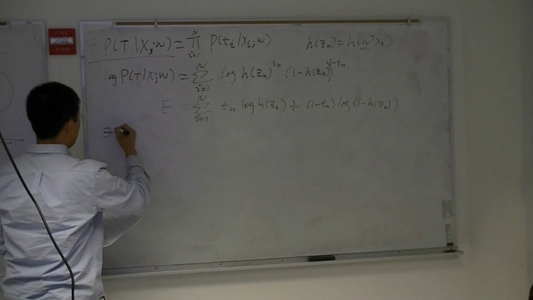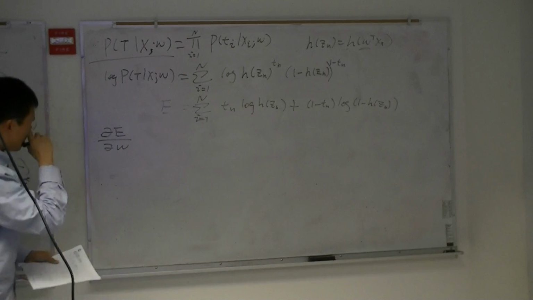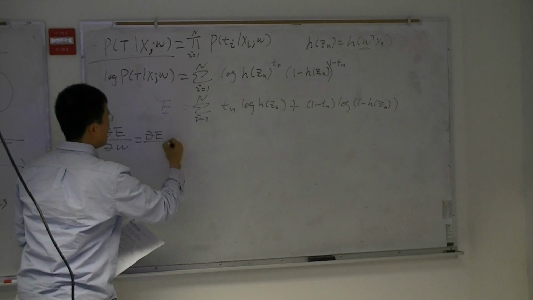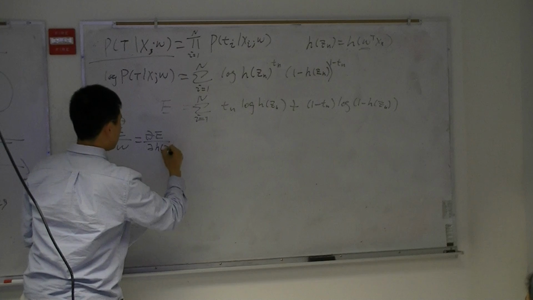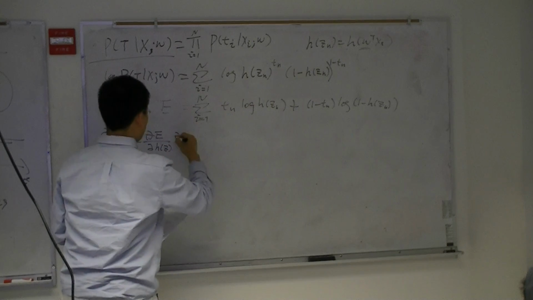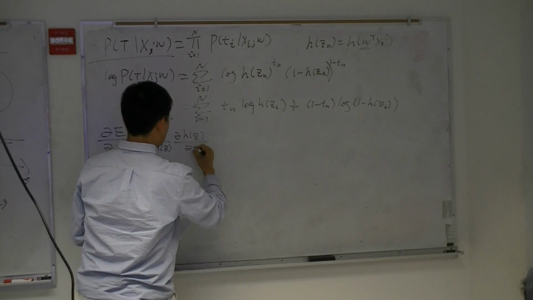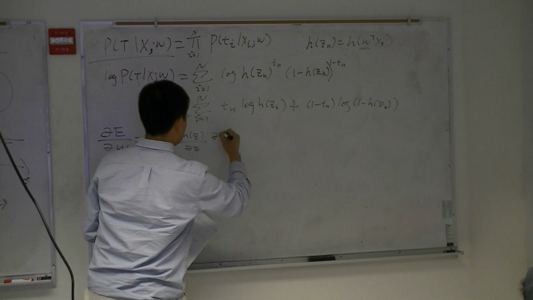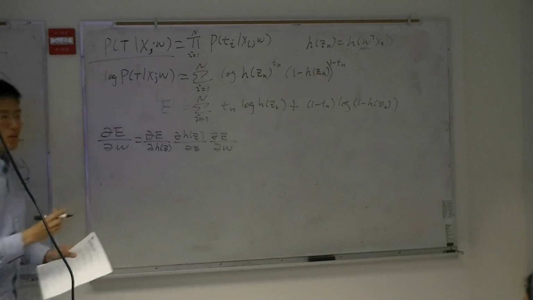We can see the derivative of this function is equal to the derivative with respect to H of Z, also the derivative with respect to Z, also the derivative of Z with respect to the parameter.